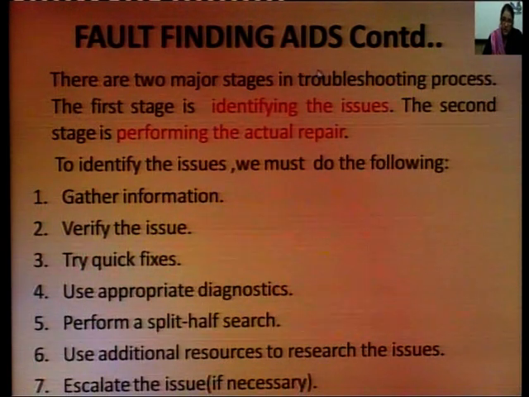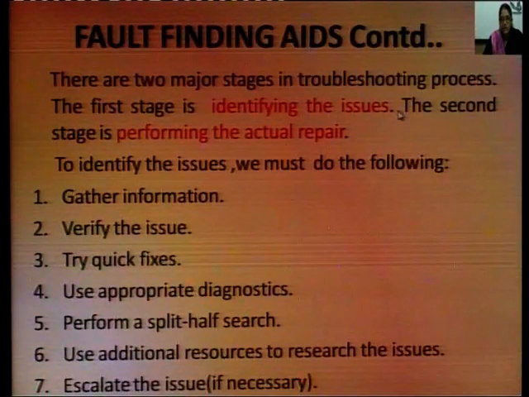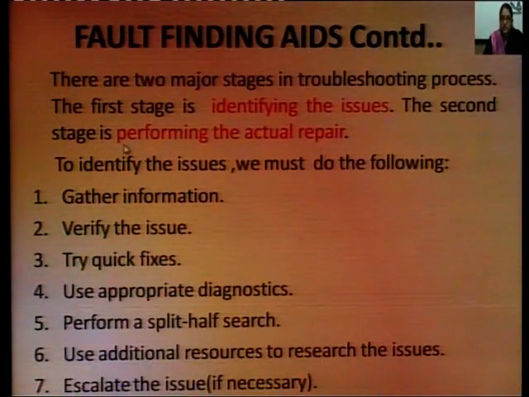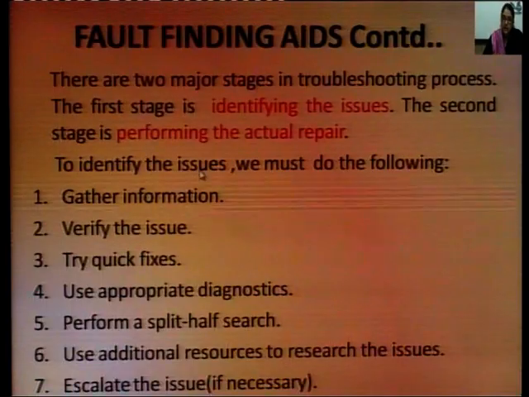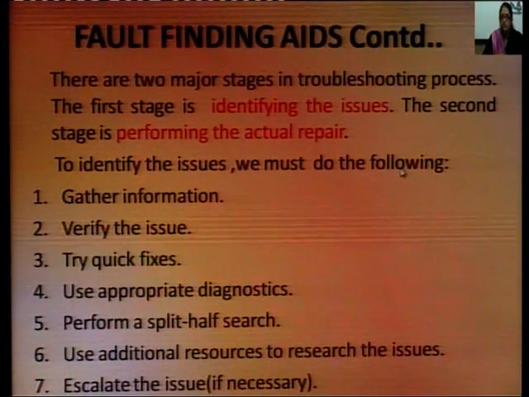There are two major stages in the troubleshooting process. The first stage is to identify the issues, and the second stage is to perform the actual repair of the system. While identifying the issues, we must do the following.